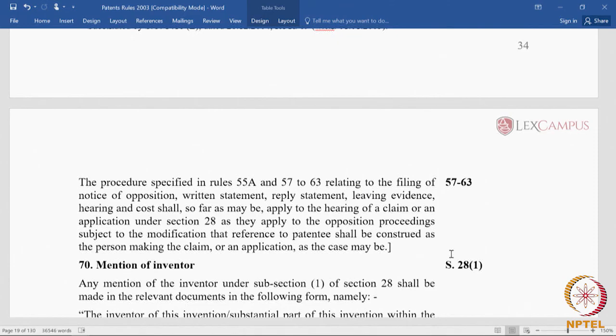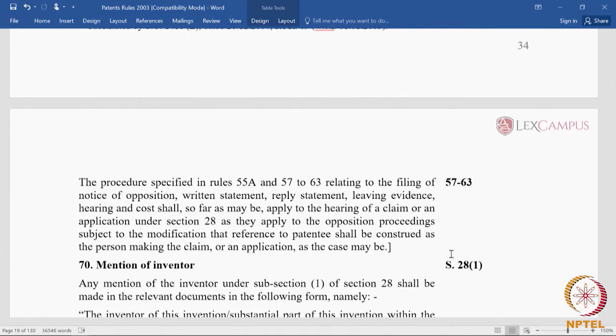So, we are only talking about hearing and notice of hearing, but to whom it is sent will be decided by the kind of proceeding, because in 28 notice can be sent to applicants, notice can be sent to inventors, notice can also be sent to interested persons whom the controller feels is interested, we saw that.